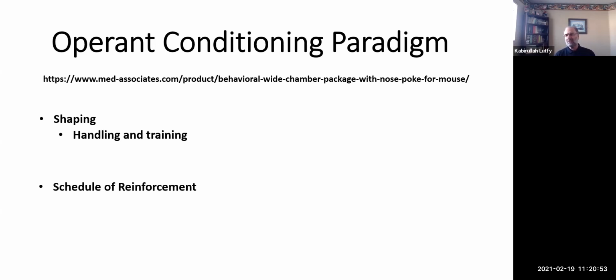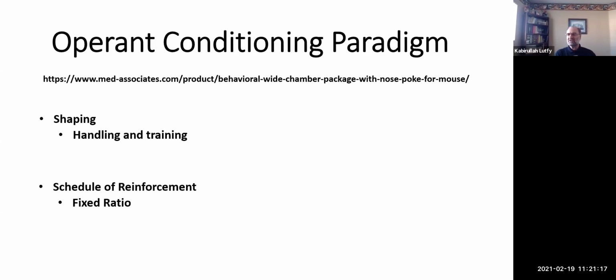A schedule of reinforcement could be a fixed ratio. A mouse could press a lever one time and get a reward after one lever press, or you could change it to 10 presses. After 10 presses, that mouse will get a reward. So we call that fixed ratio.